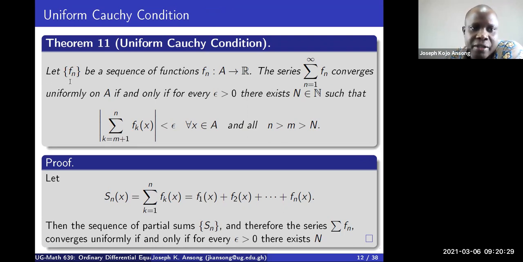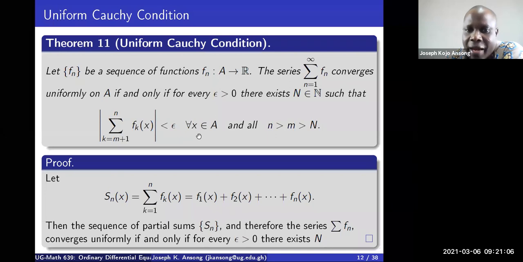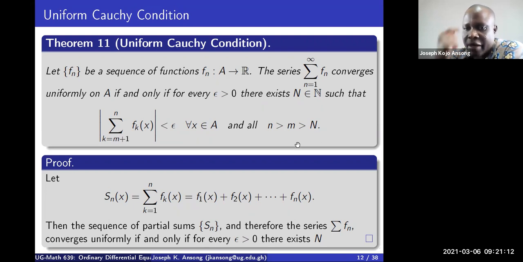Let the sequence of functions f_n be a sequence of functions from A to R. Then this infinite series converges uniformly on the domain A if and only if for every epsilon greater than 0, there exists a big N, a natural number, such that the absolute value of this series here is less than epsilon for all x in A, and all n greater than m greater than N.